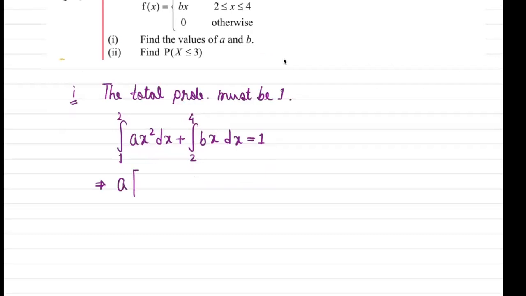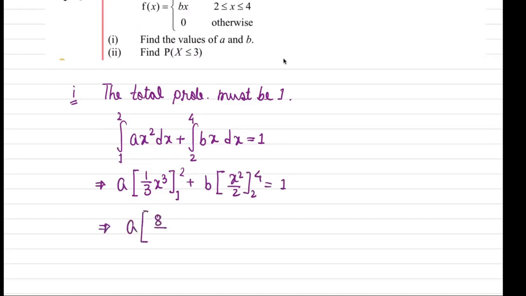Now, a is a constant, so take it outside, and then integrate this: 1/3 x cubed, from 1 to 2. b is a constant as well. Now, this one is x squared by 2, from 2 to 4. This is equal to 1. Now, if I put the values here, we get a times 8 by 3 minus 1 by 3, plus b times 8 minus 2, that is equal to 1.